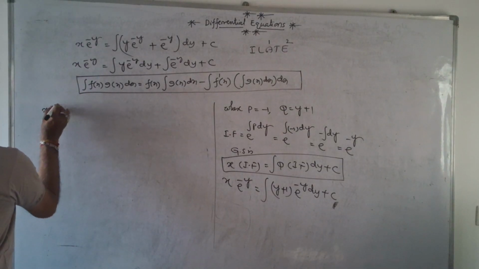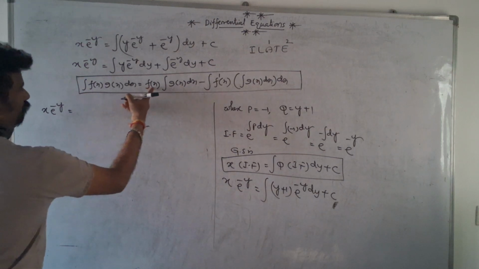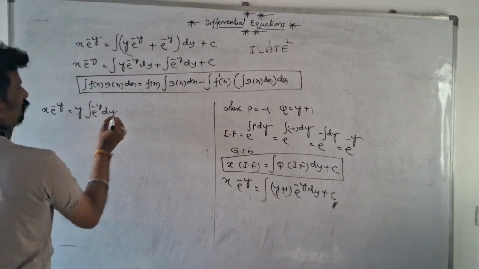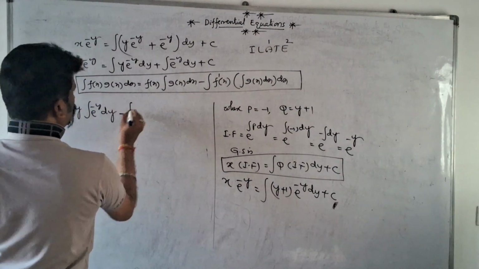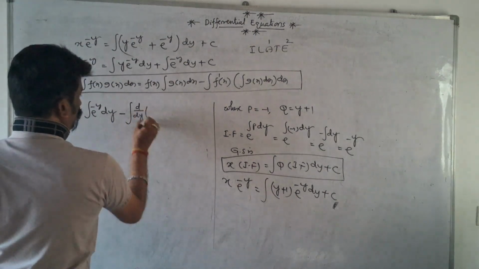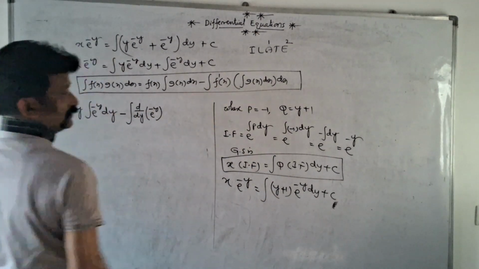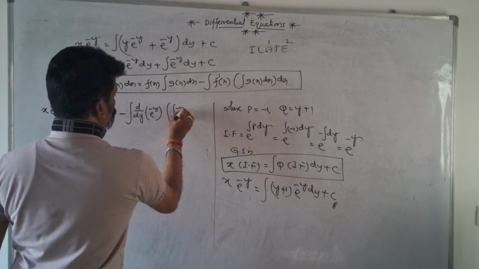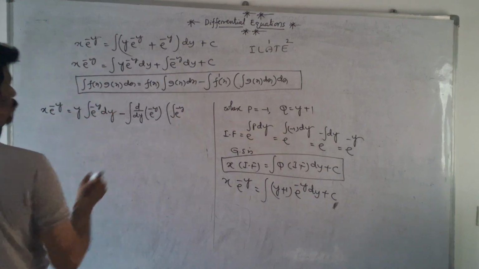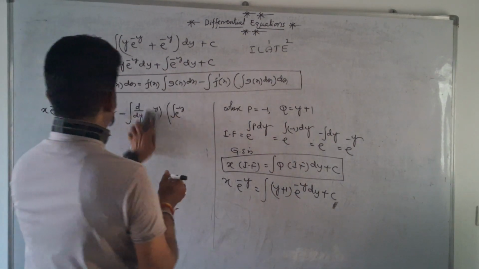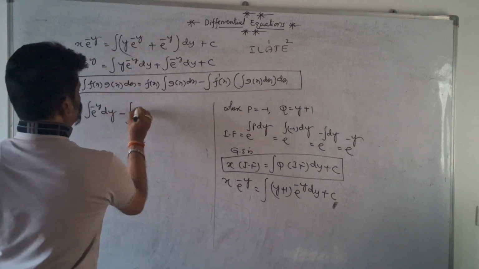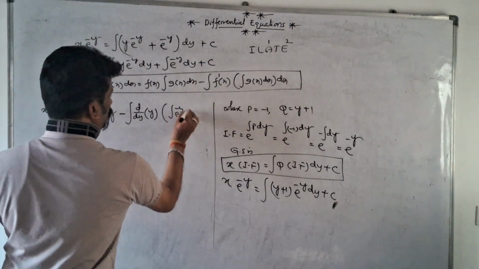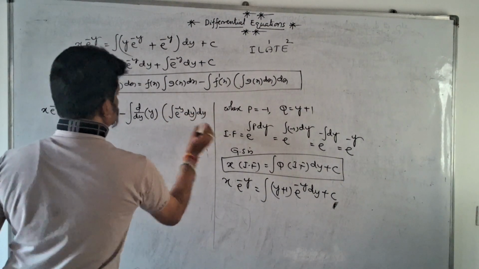So x times e to the power of -y is equal to, taking f as y, y times the integral of e to the power of -y dy, minus the integral of the derivative of y with respect to y times the integral of e to the power of -y dy, plus c.